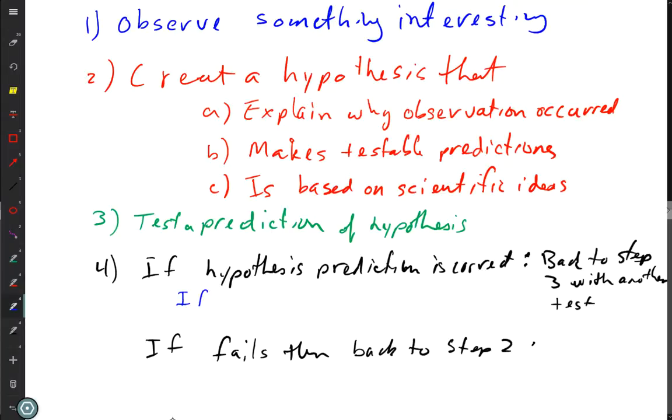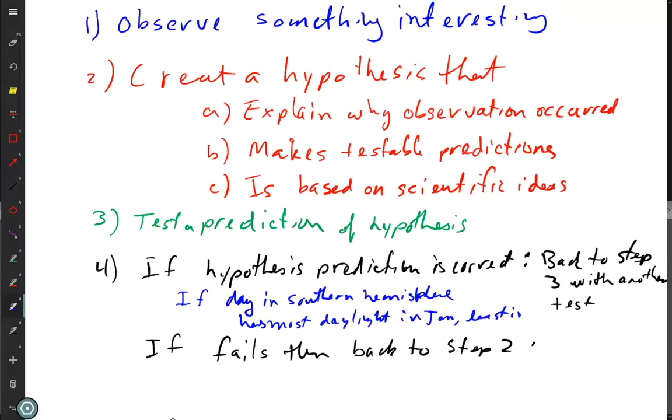You'll say, for the example I did, what you would write would be: if the southern hemisphere has the most daylight in January, least in July, then back to step 3 with another test.